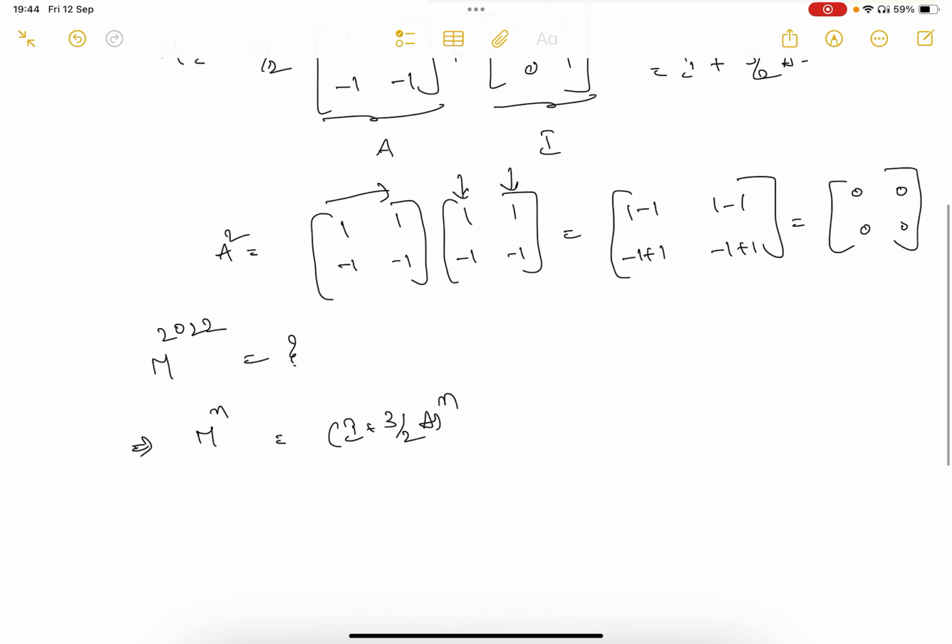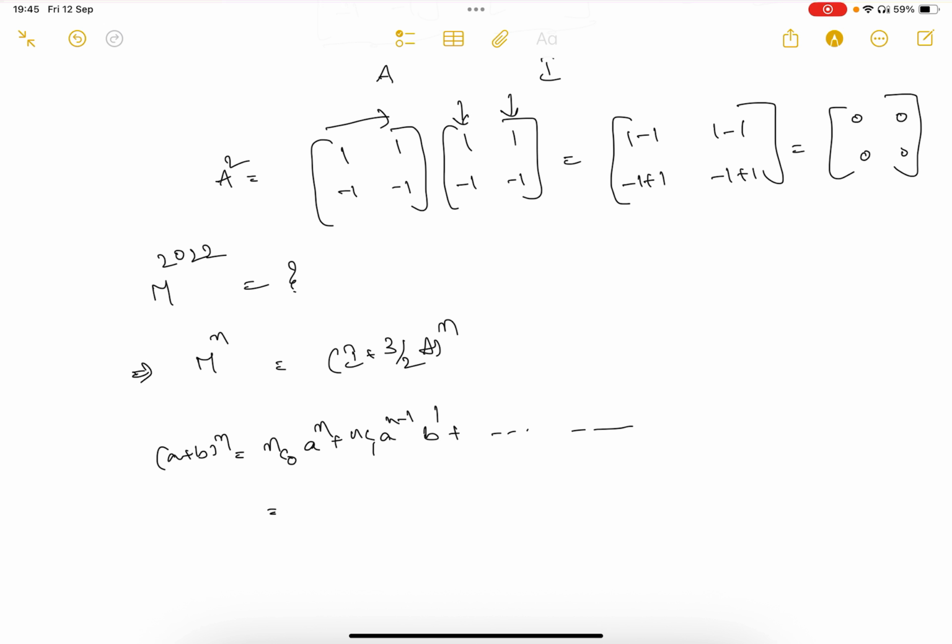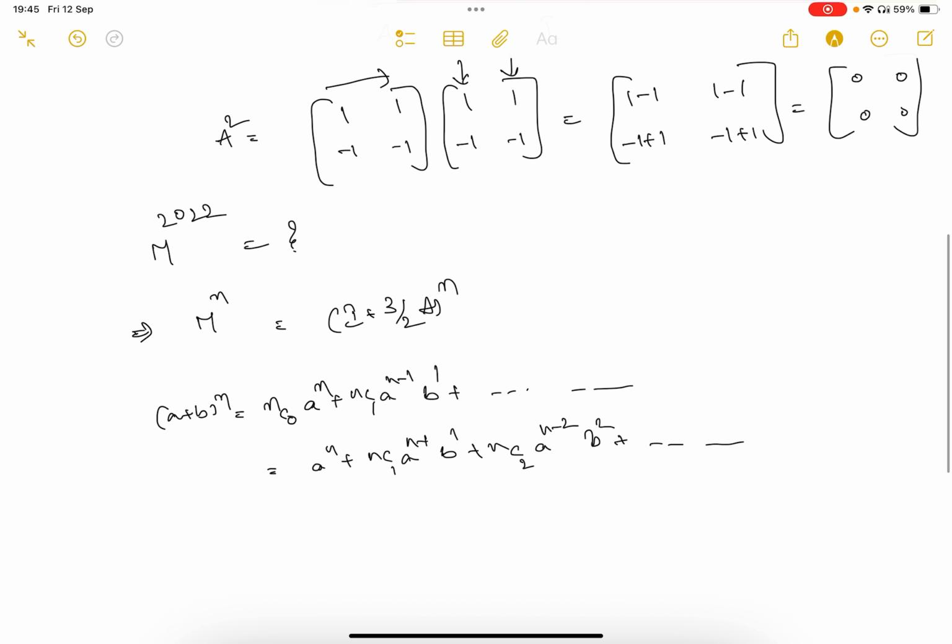What is the formula for a plus b whole power n? This will be nC0 a power n plus nC1 a power n minus 1 b power 1 plus nC2 a power n minus 2 b squared plus and so on. Fine.